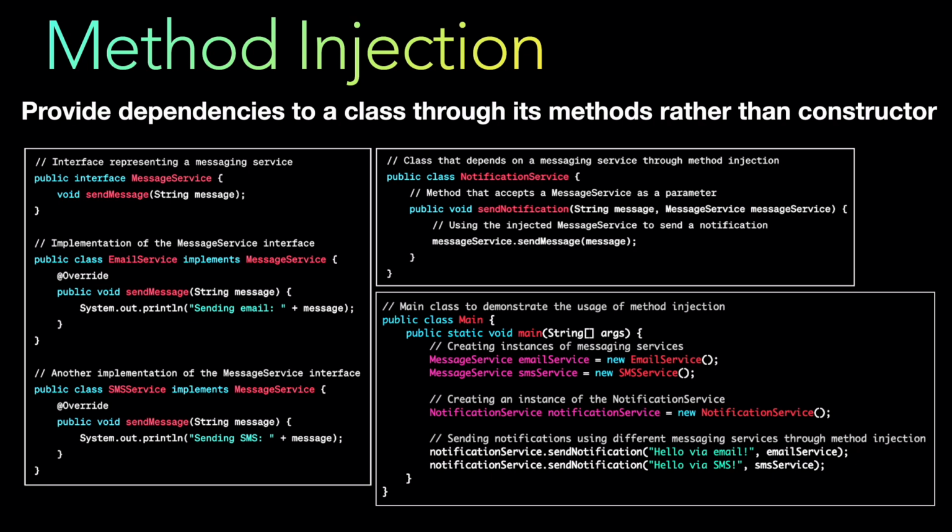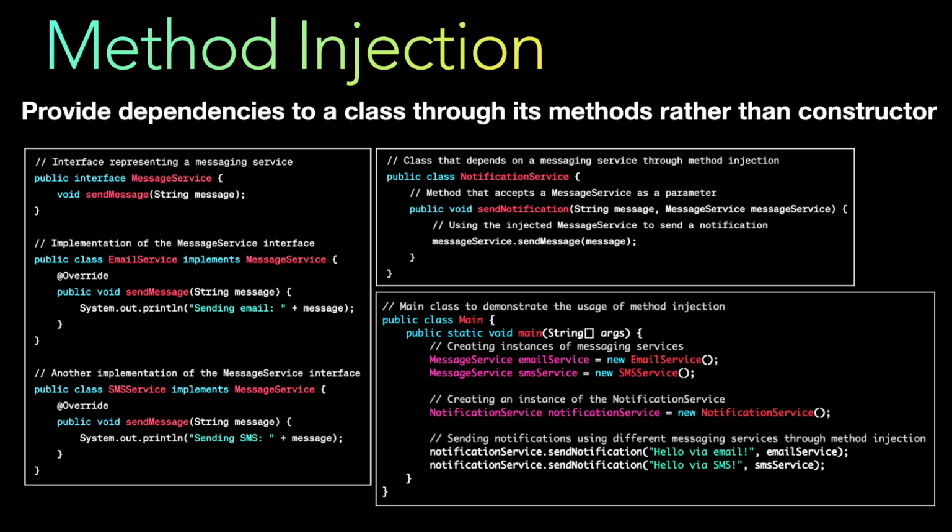If you notice in the main class below, we create instances of the messaging services, like the email service and the SMS service, and a single instance of notification service. Previously, we were creating two instances of notification service. Now we are creating only a single instance. We then use the send notification method to send the message using different messaging services injected through the method.